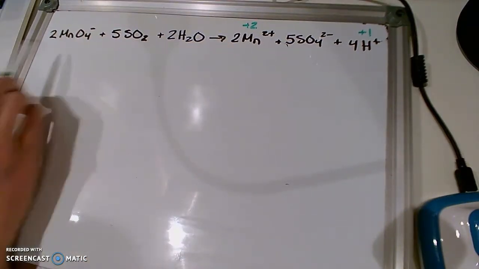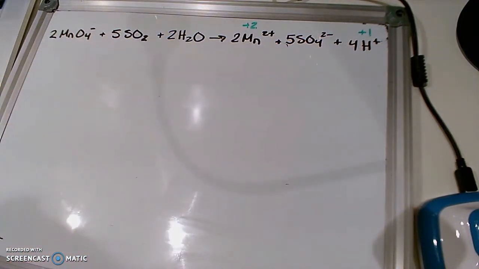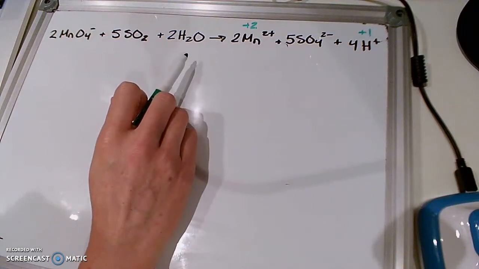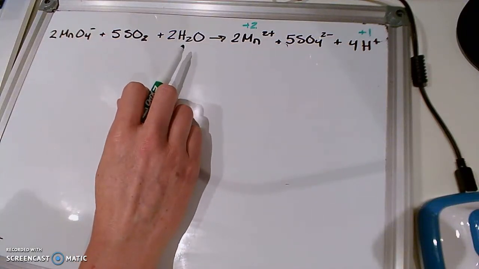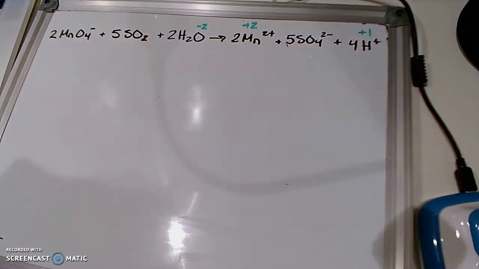Okay, so now everything else is a little bit more challenging, and that's what I wanted to go through with you. The water is probably the simplest one of these. We have H2O, and we know that oxygen is always going to be -2 oxidation state. You went through the rules.